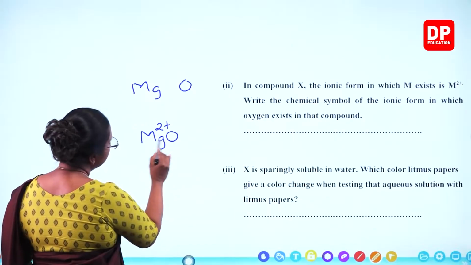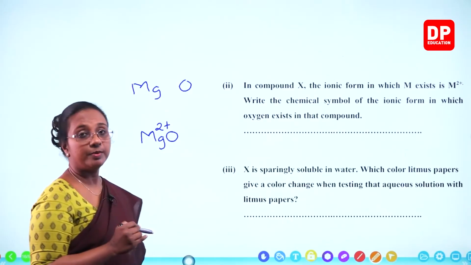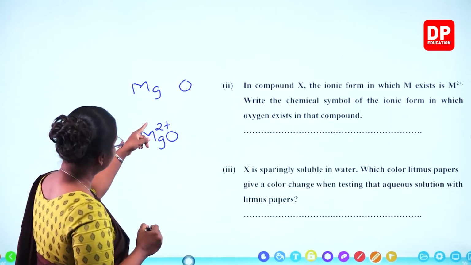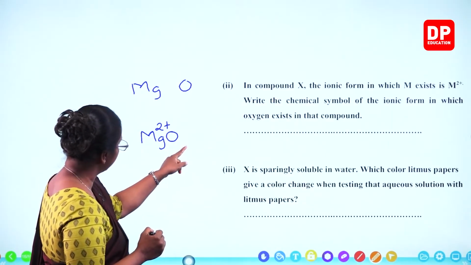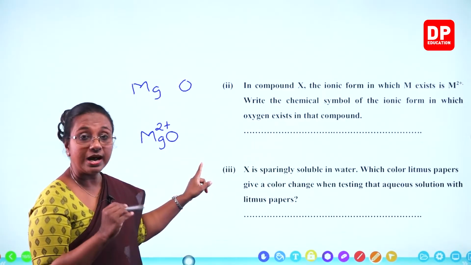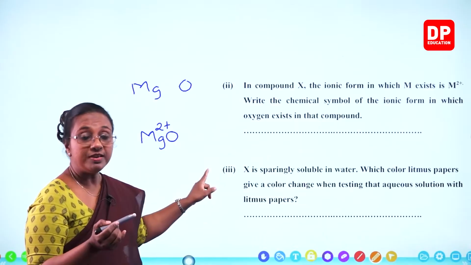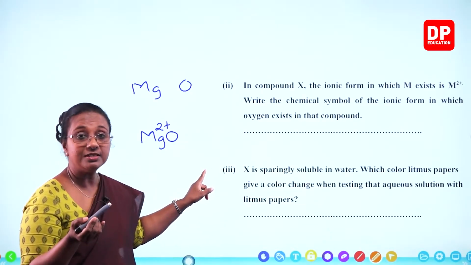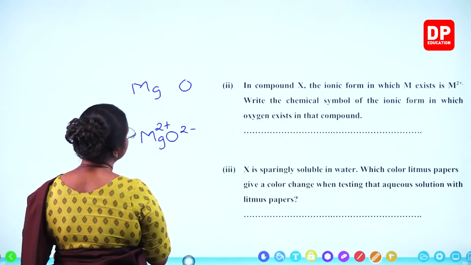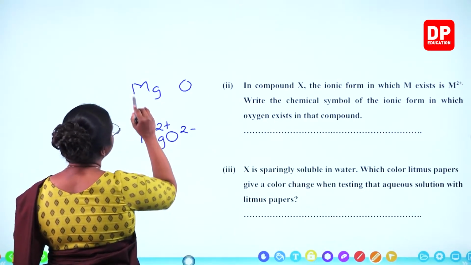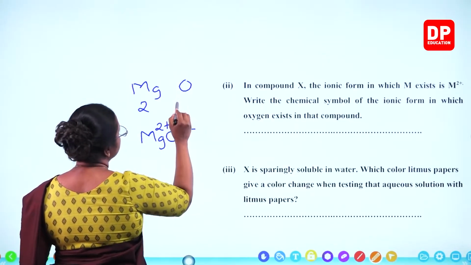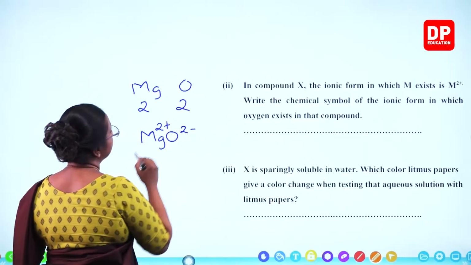Now you can see the valency, the chemical formula, this is actually the ratio between the ions, Mg2 plus ions. Since it is MgO, it has to be 1:1 ratio. So obviously they have to have the same charges. So this has to be 2 minus charge. Or else if you write the valency, magnesium belongs to group 2, oxygen belongs to group 6, so valency 2.